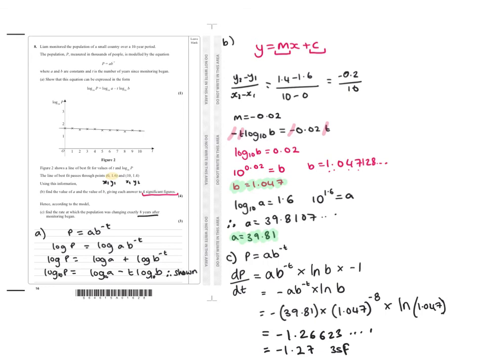Does anybody know what we know about this graph? They normally tell us something. What do we know about this model?